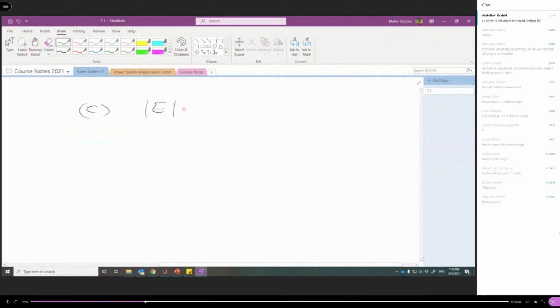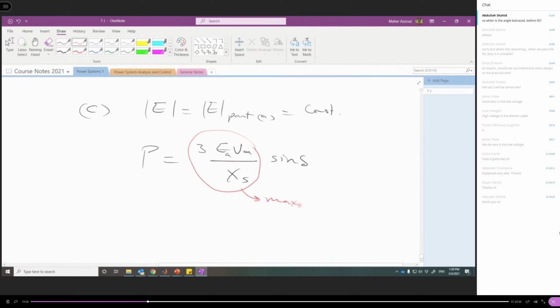So E is constant. E is equal to E of part A, and it is constant. Now we know that the power is equal to 3 E VA over XS sine delta. This is P maximum, the maximum power.